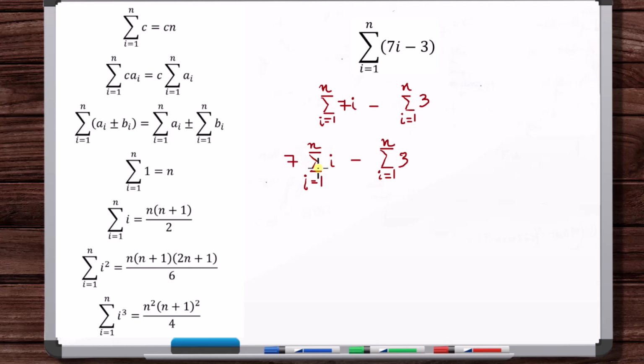Okay, so now we just need to evaluate this here, and we've got a property for that. Again, go check out the previous video to see how this property is derived. But let's just substitute this property in here. Exact same thing, so this turns into 7 times the sum formula.